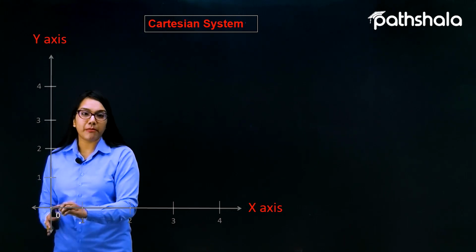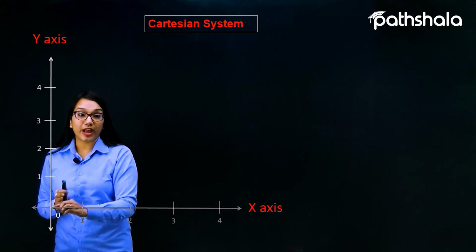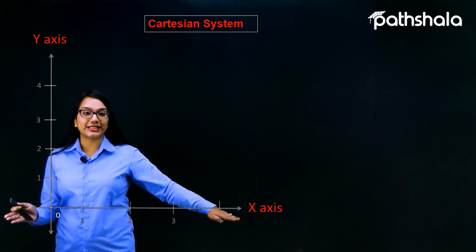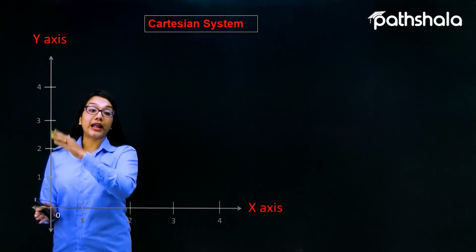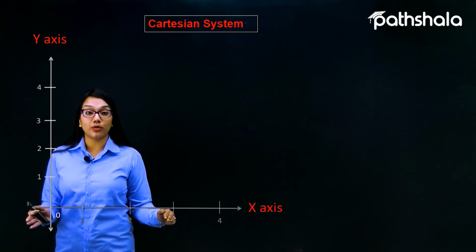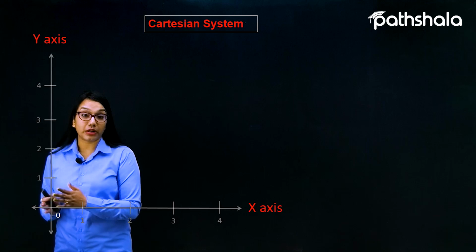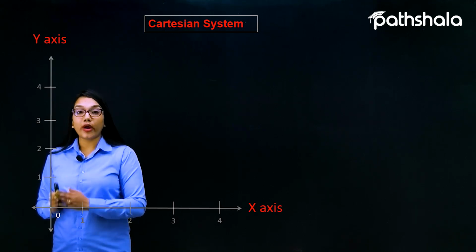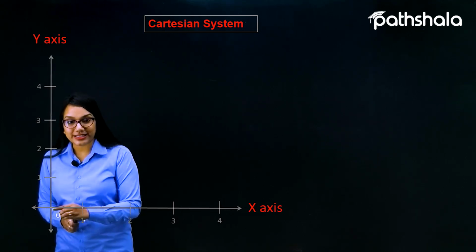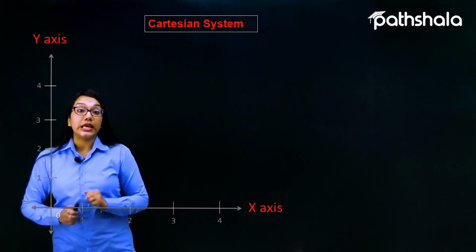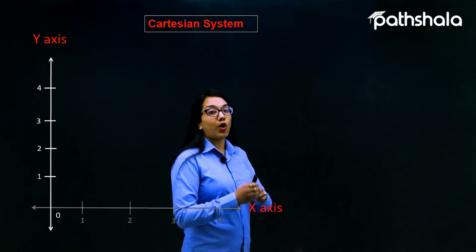So always remember, in a Cartesian system, we have two axes, the x-axis, which is the horizontal one, and the y-axis, which is the vertical one, and their point of intersection is called the origin.